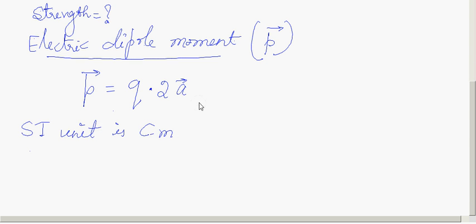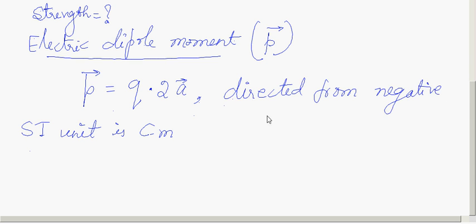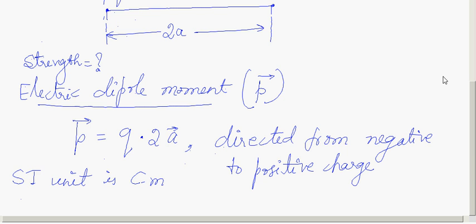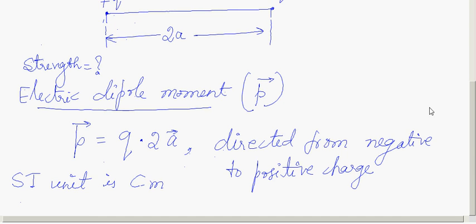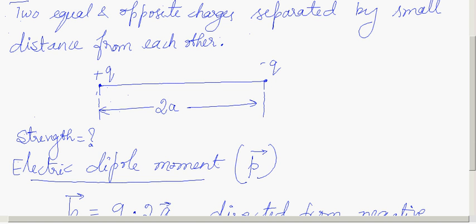It is directed from negative to positive charge, so in the figure we can show P from negative to positive charge.